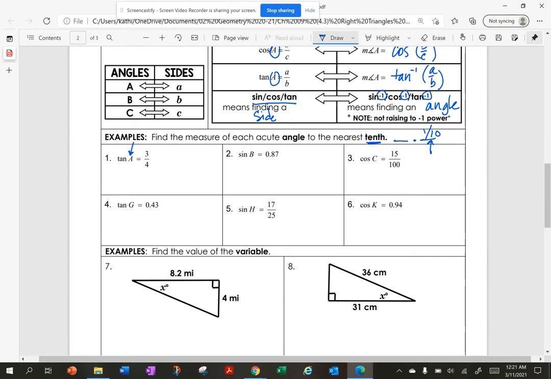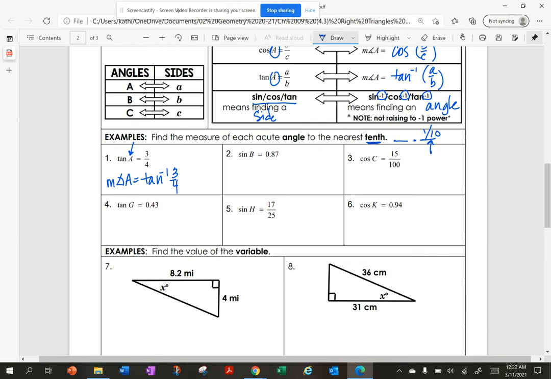My calculator would be in degrees. So solving for the angle, the measure of angle A is the tangent inverse of 3 divided by 4.